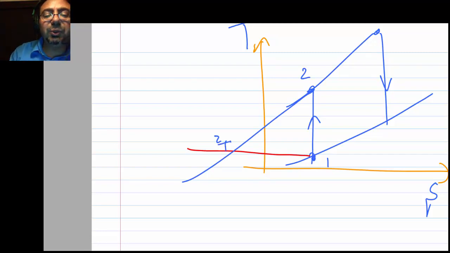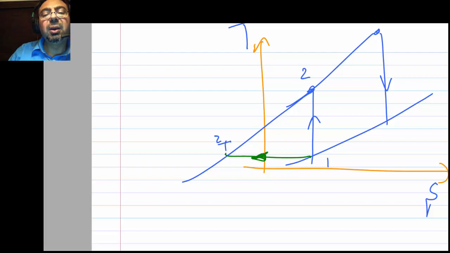So we'll call it 2D, for isothermal. If you go around this route, this would be the least work. And if I ask you how much is the work of this isothermal compressor, don't tell me the wrong answer. You will be tempted to think it's 0, right?